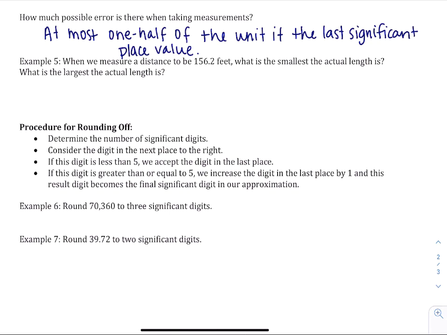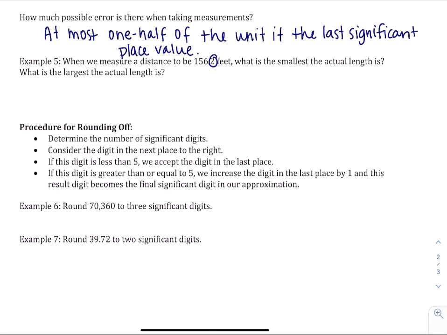So if we look at example 5, we know that this measurement was given as 156.2 feet, which means we're confident about the 156, but that 0.2 probably came from some level of rounding or estimation. So the smallest that could have been to round to 0.2 is going to be 0.15.